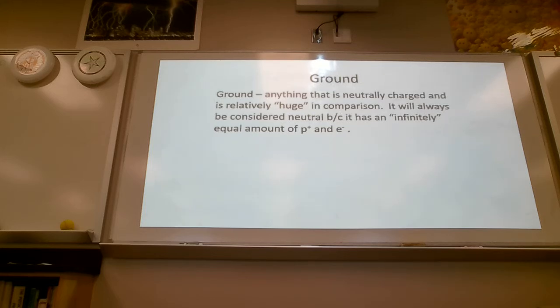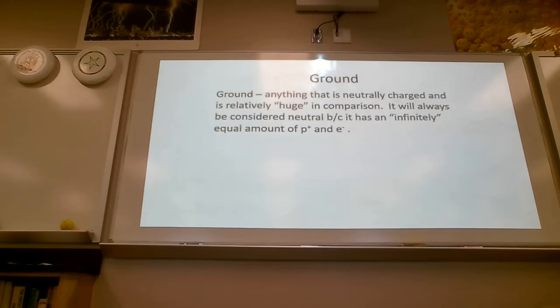In your house, that third prong is the ground wire, and it is connected somewhere to the dirt, usually through your water pipes, okay? So this is where we get this idea of ground, like it's actually going to the earth.